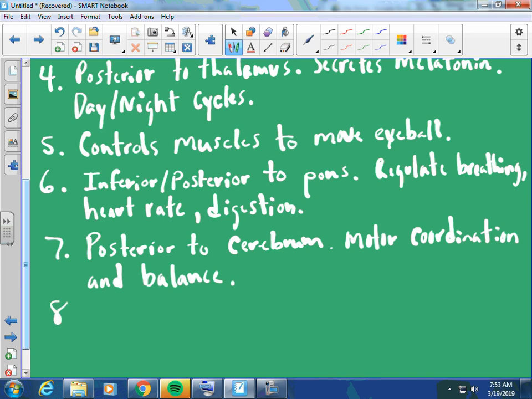All right, number 8. What are the protective layers of the brain called? Kids, what are they called? Meningeal layers. Very good. The main one we dealt with in the dissection was the dura mater, the outermost one.